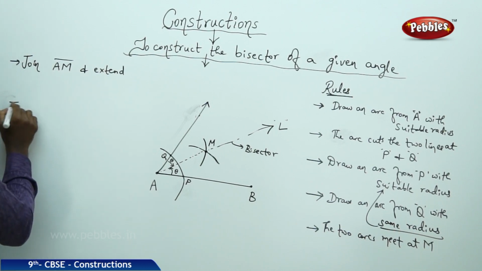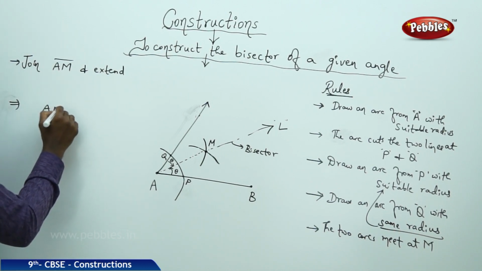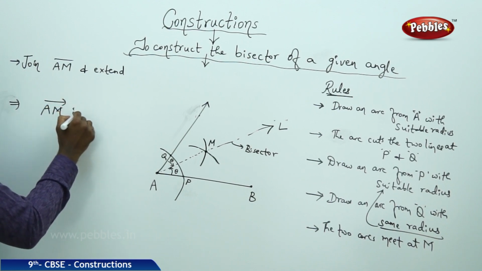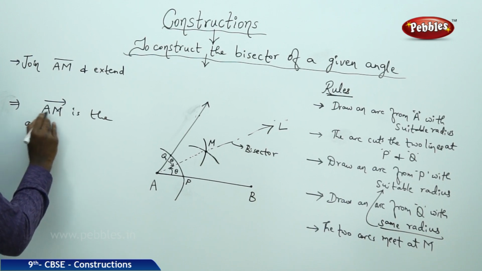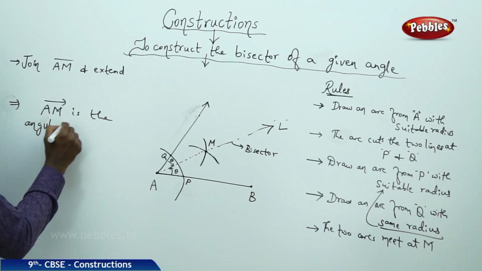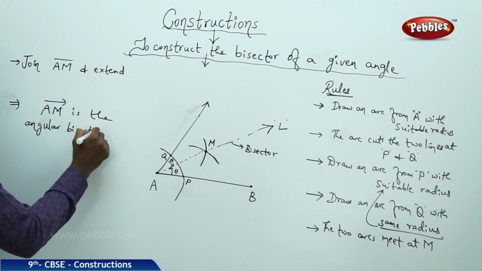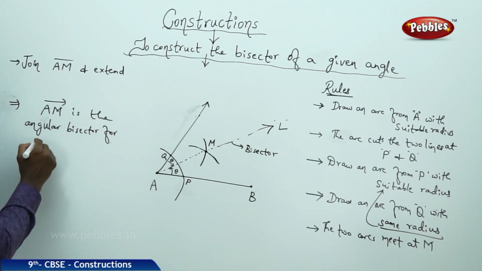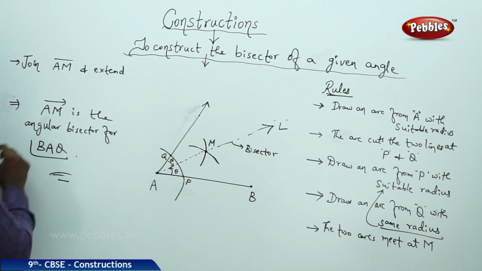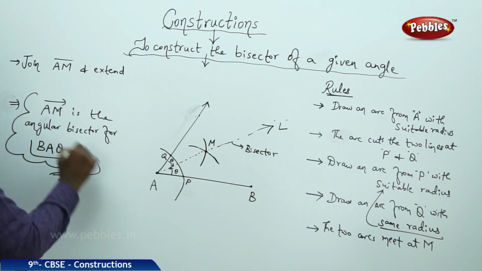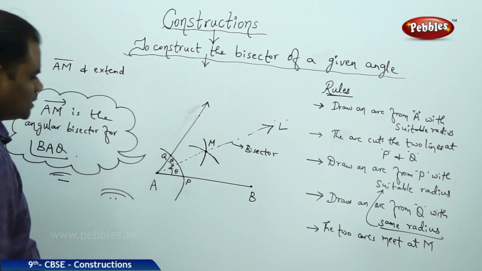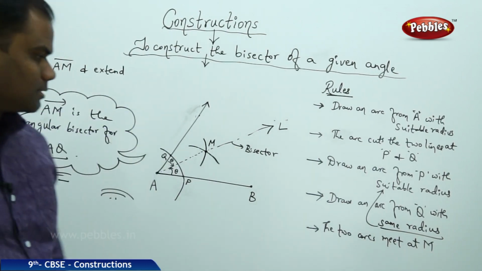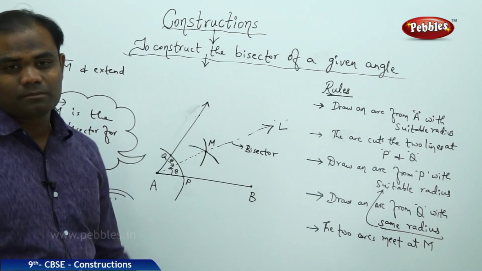After you get this, that implies AM is the angular bisector for angle BAQ, is how we understand the concept. AM is the angular bisector for angle BAQ.